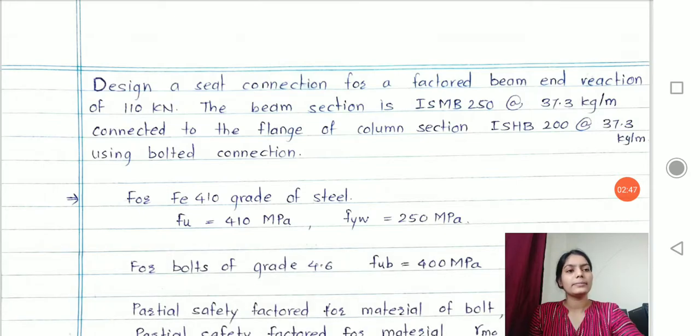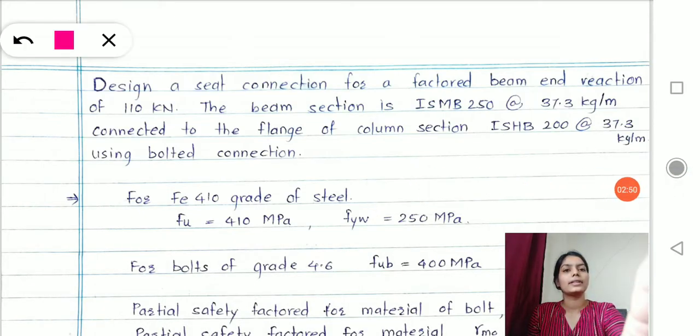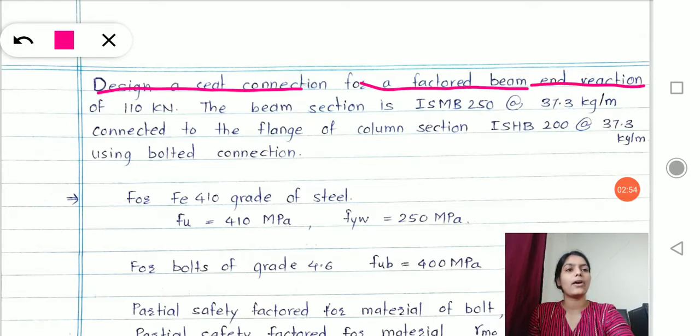Here the problem statement says: design a seat connection for a factored beam end reaction of 110 kilonewton.